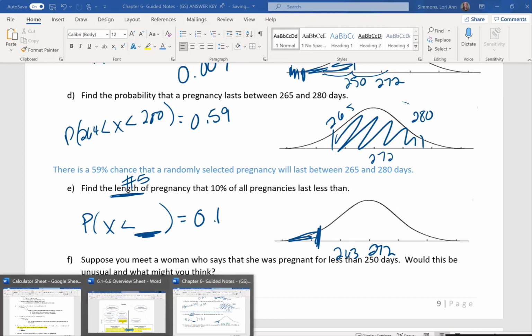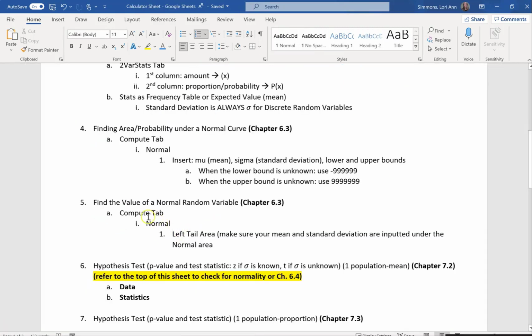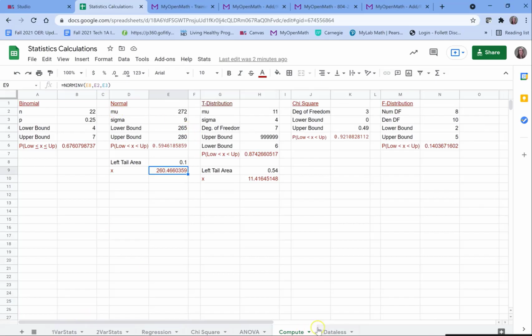So on the calculator sheet, it says we go to the compute tab, normal, and then the left area tail. Make sure the mean and standard deviations are inputted under the normal area. So compute, normal, left tail. Make sure these are entered. You have to have those correct because this is calculating off of that. So area to the left, so you have to make sure it's to the left, is 0.1.